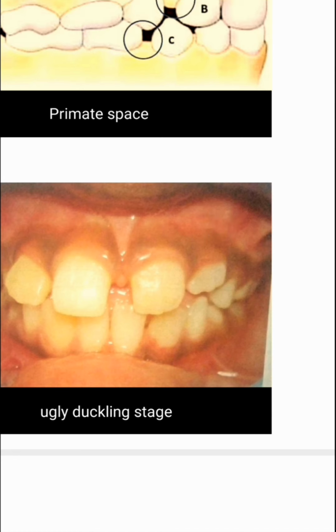As they erupt, they displace the roots of the lateral incisors mesially. This results in transmission of force on the roots of the central incisors, which also get displaced mesially. A resultant distal deviation of the crowns of the two central incisors is seen, which causes midline spacing.